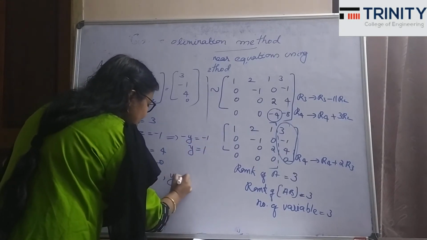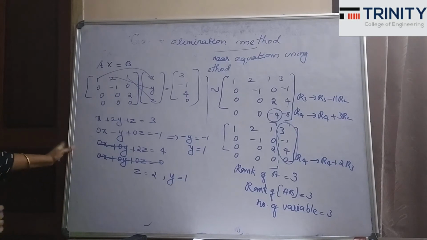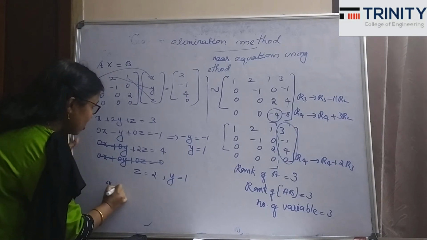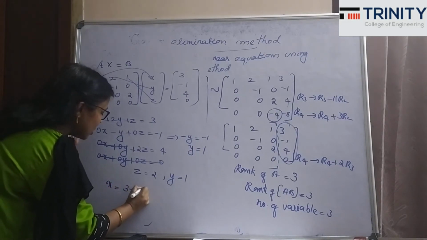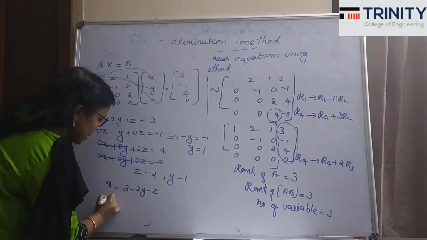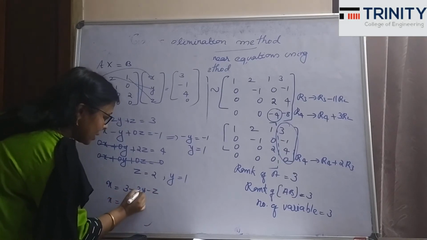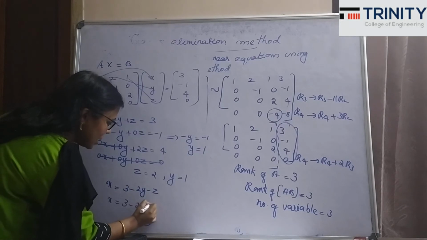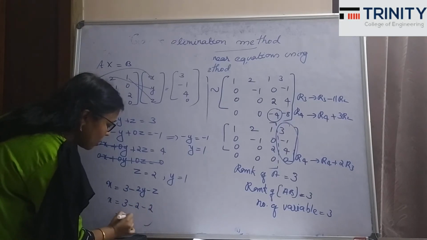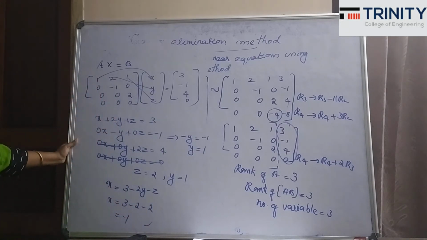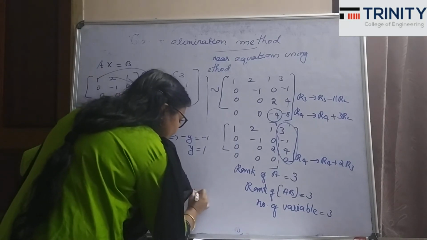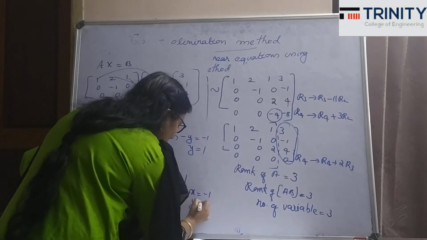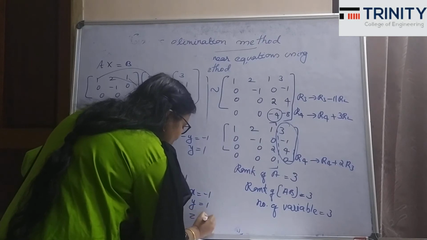We get z equals 2 and y equals 1. Then what is x? x equals 3 minus 2y minus z. x equals 3 minus 2, minus 2. That is x equals minus 1. We get the values x equals minus 1, y equals 1, z equals 2.